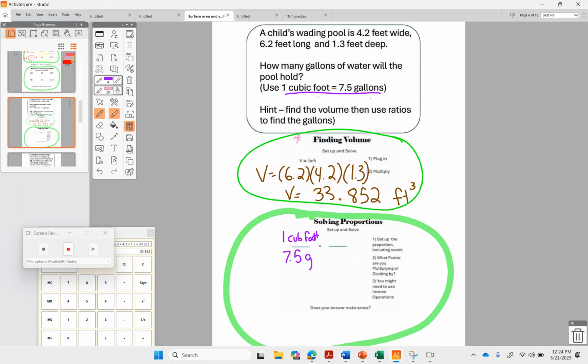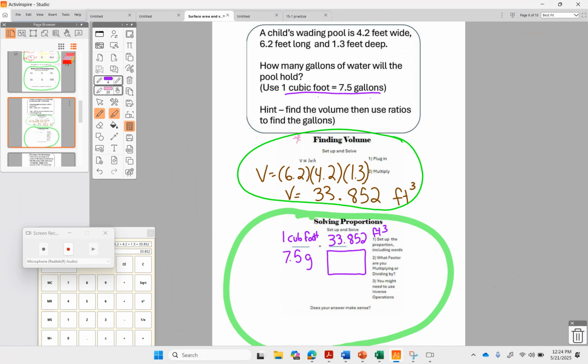Okay? Over here, I know that when I did the volume, I have 33.852 cubic feet. And I want to know gallons. So I set up the proportion, including the words.